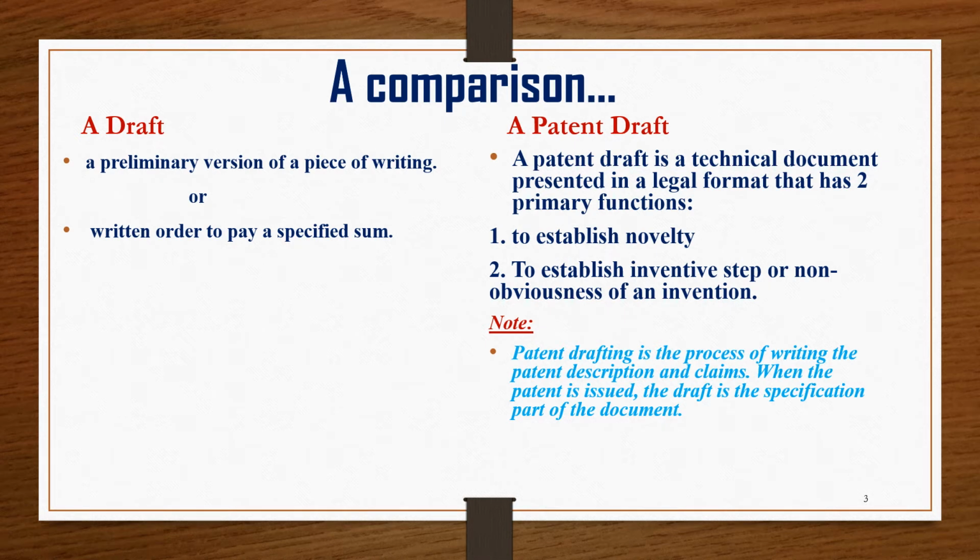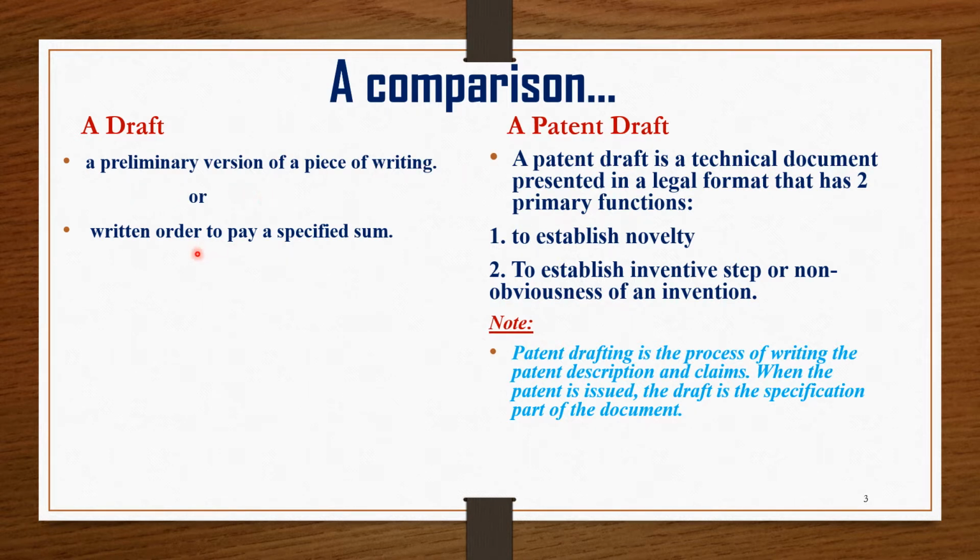Now we will have a comparison, because whenever we ask what a draft is, normally we go to its literal meaning. So first of all, we will go to the literal meaning of a draft. We can say that a draft is a preliminary version of a piece of writing.